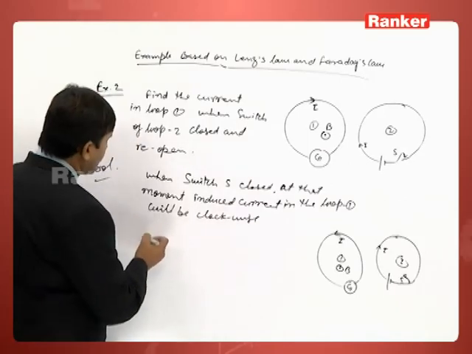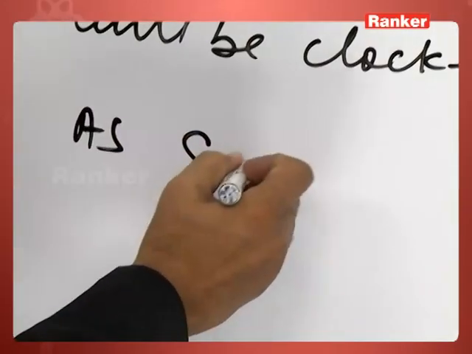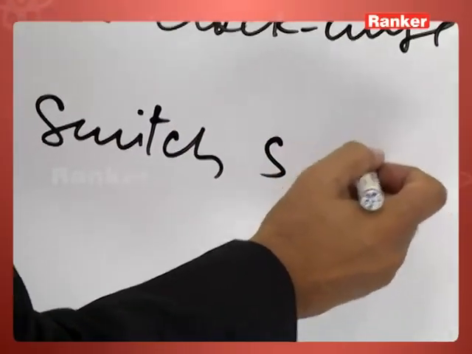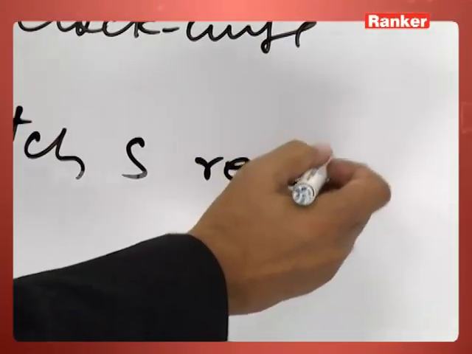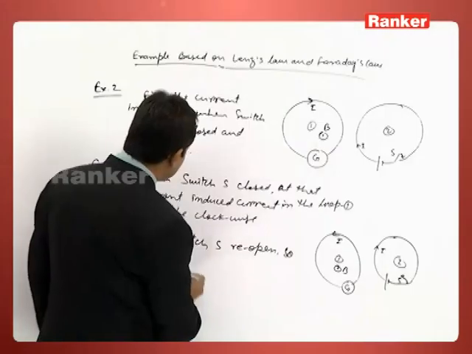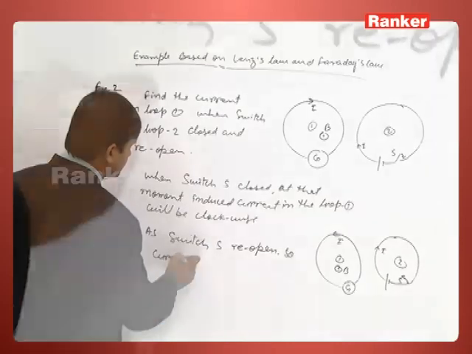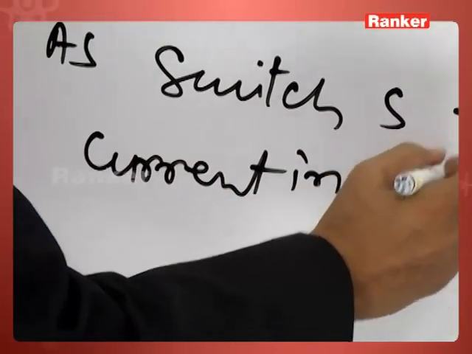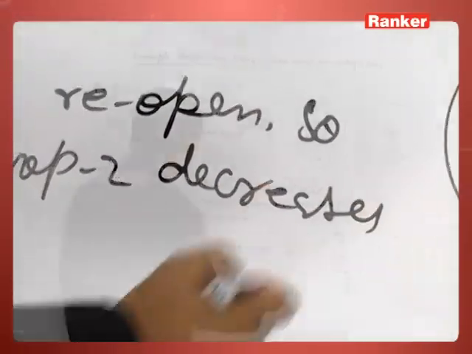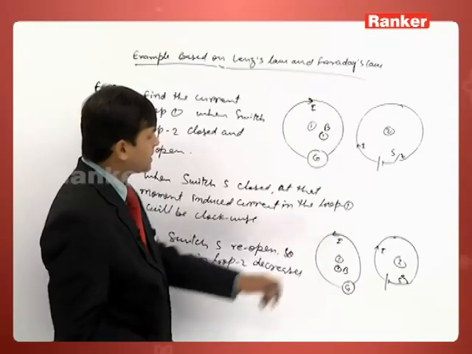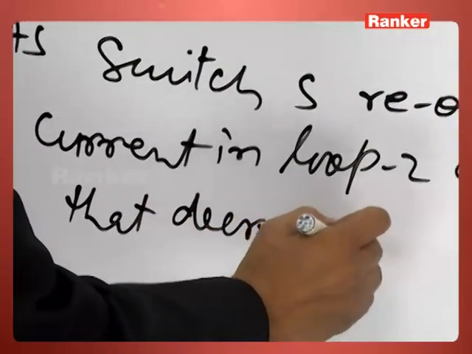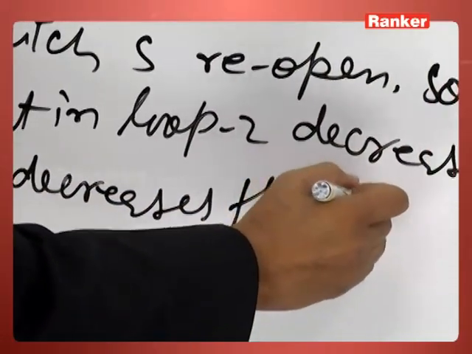So we can write, switch S reopened. So the current in loop 2 decreases, and that decreases the flux in loop 1.